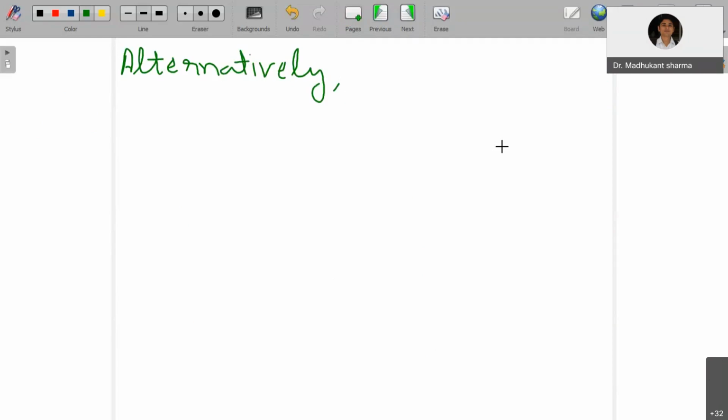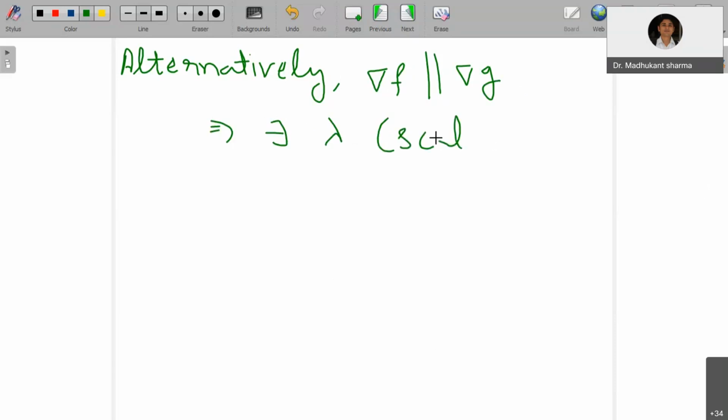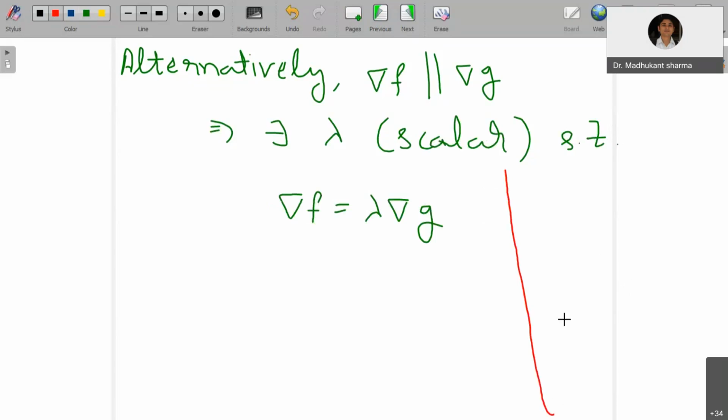Just now we have seen geometrically that grad f must be parallel to grad g, which implies there exists a scalar lambda, some constant, such that grad f equals lambda times grad g. Now if you recall, I'm just writing on this side, f of x, y, z equals x square plus y square plus z square.